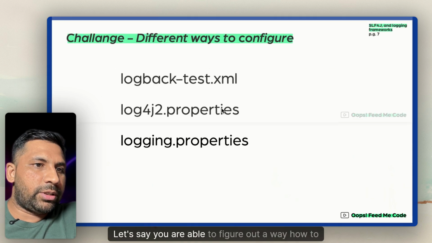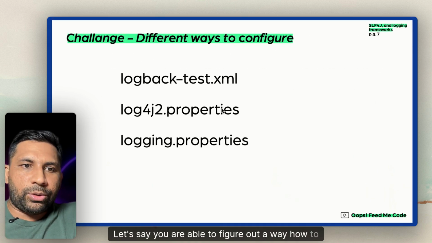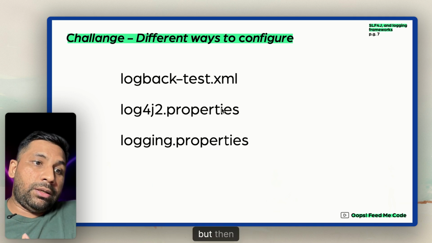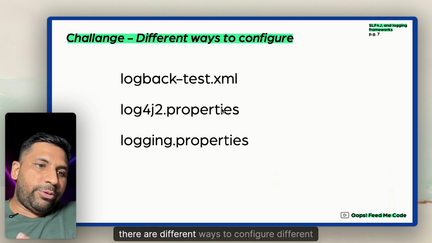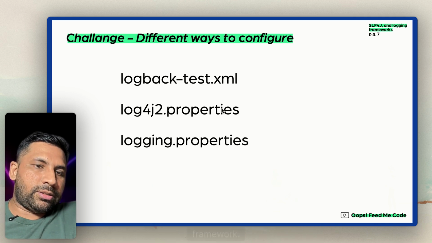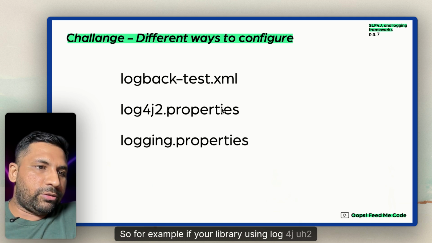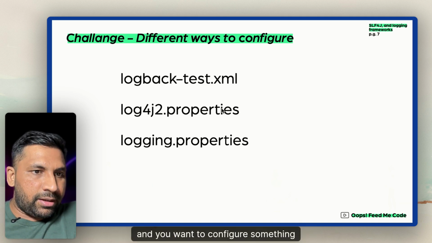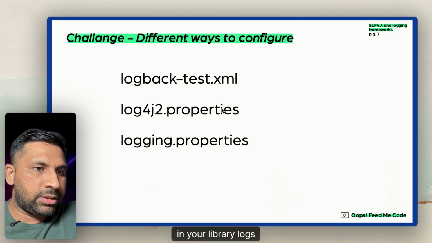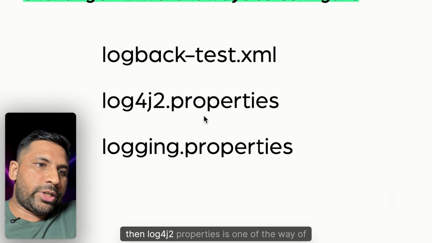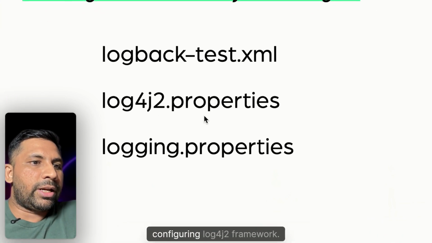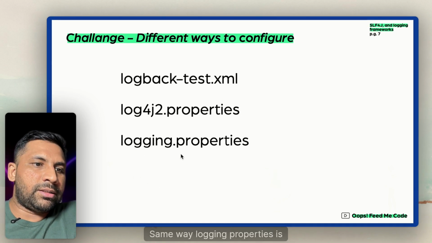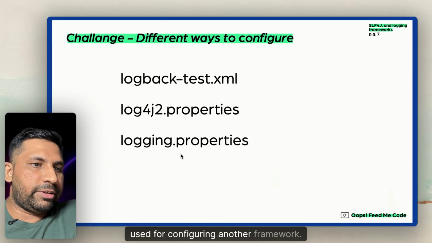Let's say you are able to figure out a way to make the loggers the same and you can format them, but then there are different ways to configure different frameworks. For example, if your library is using log4j2 and you want to configure something in your library logs, then log4j2.properties is one way of configuring the log4j2 framework. In the same way, logging.properties is used for configuring another framework.